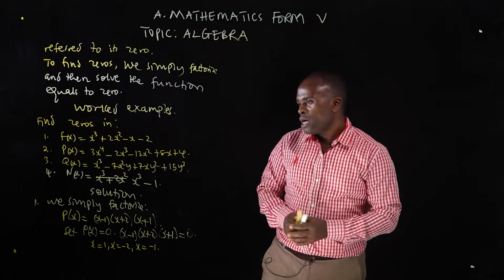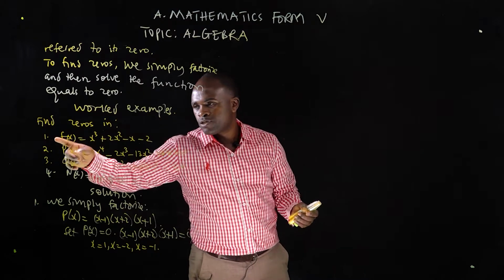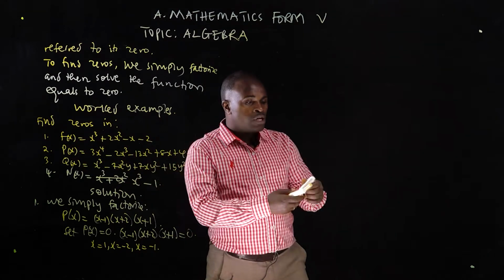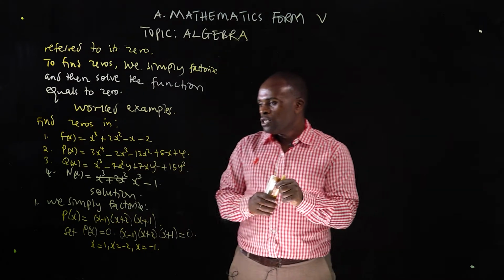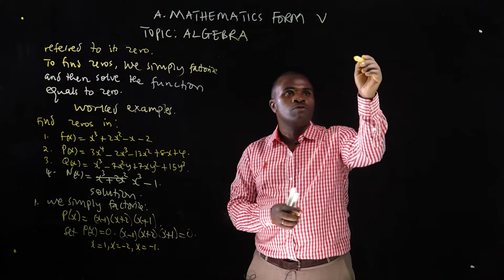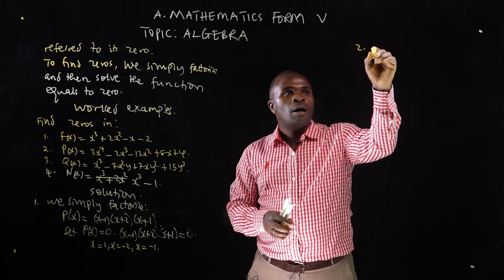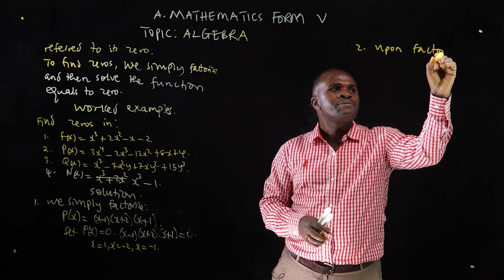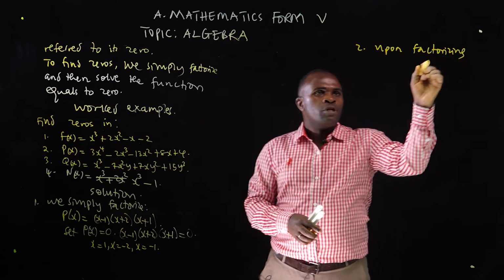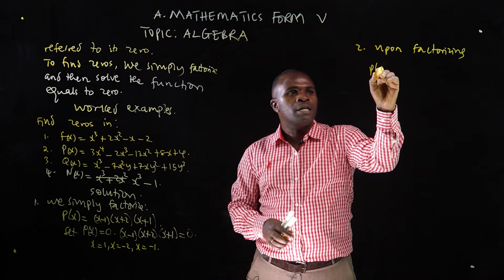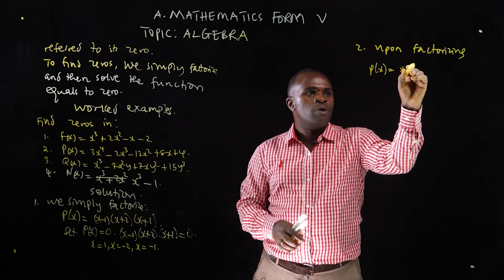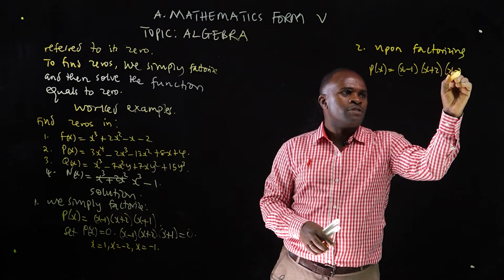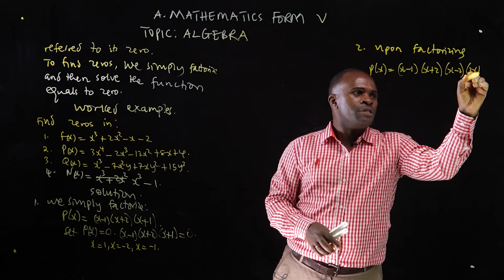Okay, now we have seen how we could find zeros with question number 1. Now I'll be taking you with question number 2 to find our zeros. Upon factorizing, our function will be appearing as x minus 1, x plus 2, x minus 2, 3x plus 1.